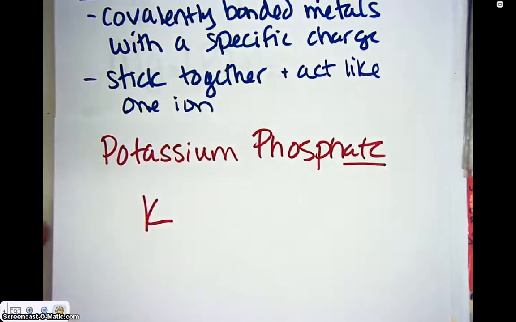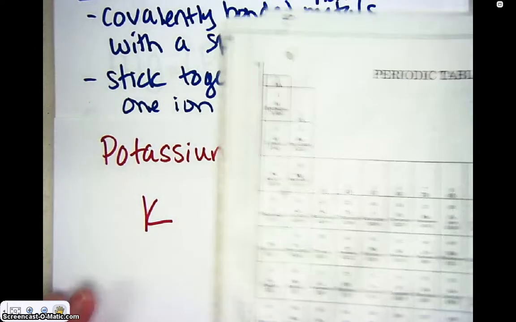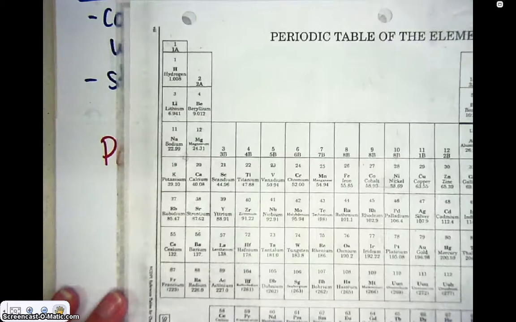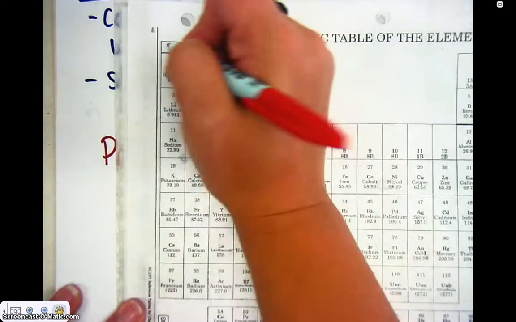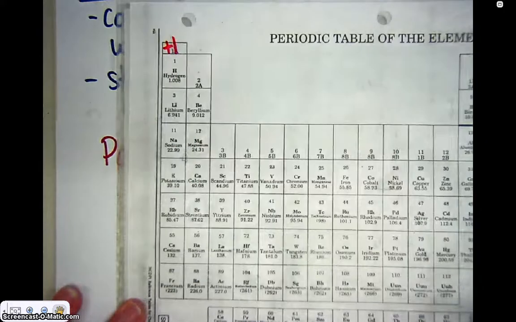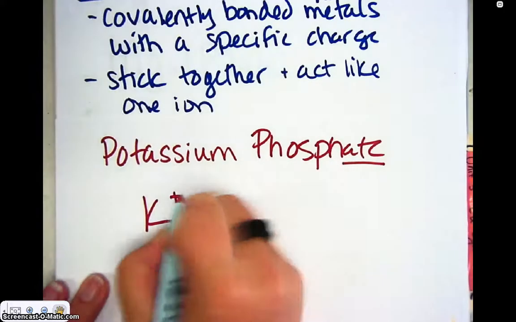When we write formulas for ionic compounds, we need to know the charges, just like we did with the simple ionic compounds. So we look and we see potassium here in the first column, which means that it has a +1 charge. So we'll put a plus here.